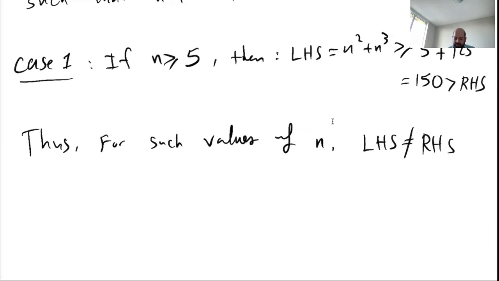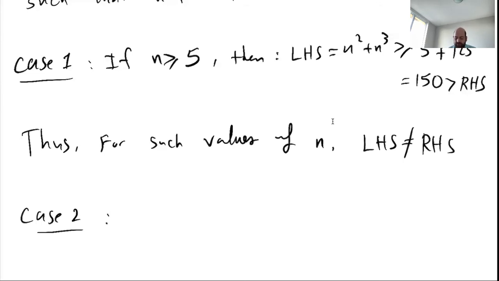Now, what about case 2? Well, case 1 already covers most of the positive integers, right? Positive integers means 1, 2, 3, 4, 5, 6, 7, 8, 9, 10, all the way to infinity. Most of them are bigger than or equal to 5. Only a few are not. Which ones?